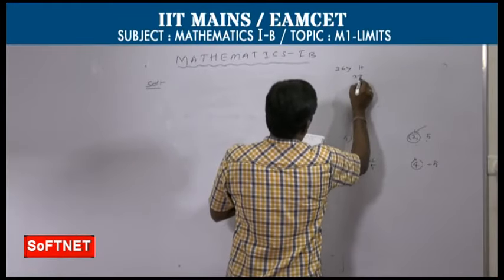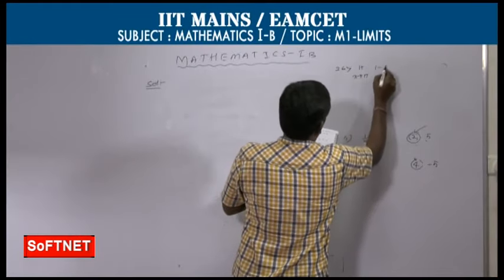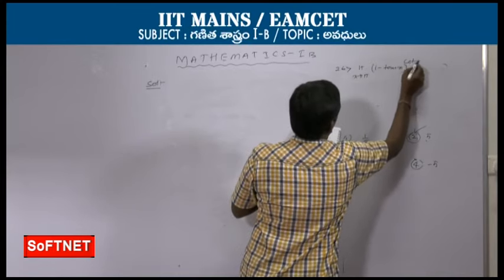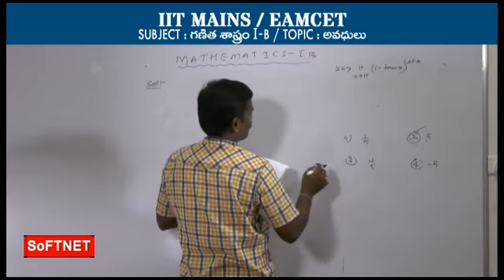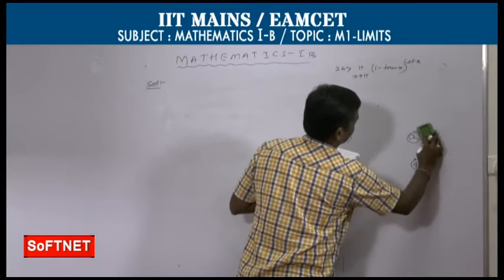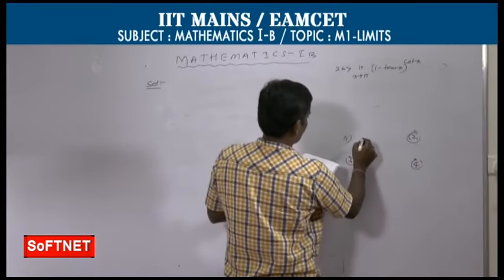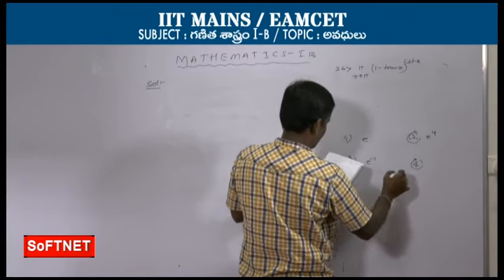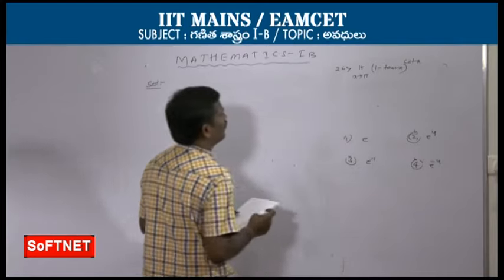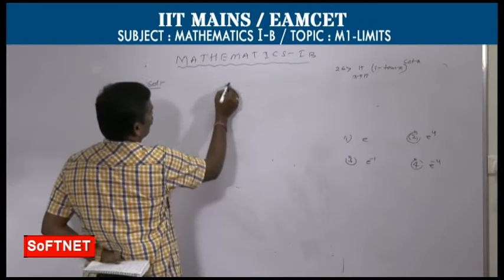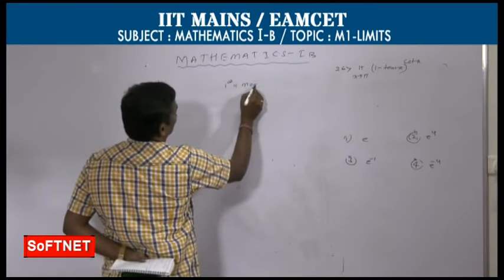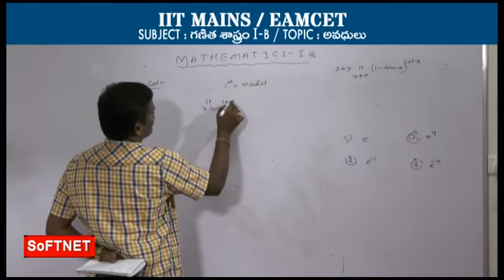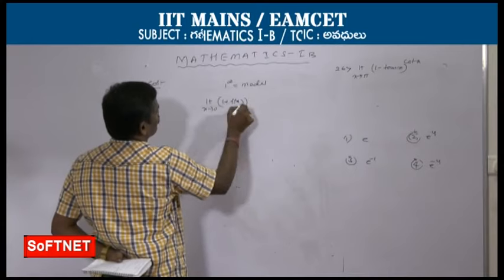Limit x tends to pi, 1 minus tan x to the power cot x. So options are e power 4, e power minus 1, e power minus 4. So this is in the form of 1 power infinity model. So that format is what? Limit x tends to 0, 1 plus f of x to the power g of x.